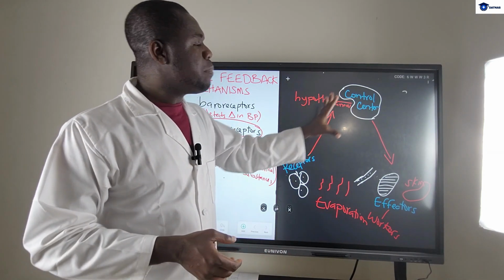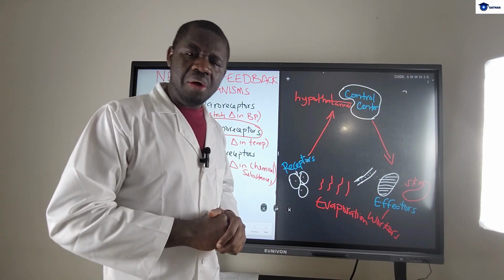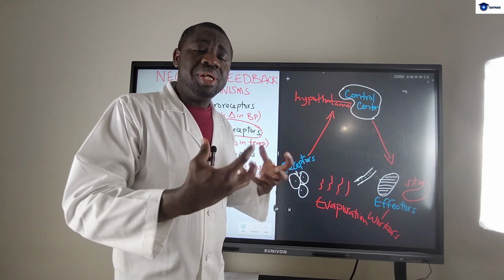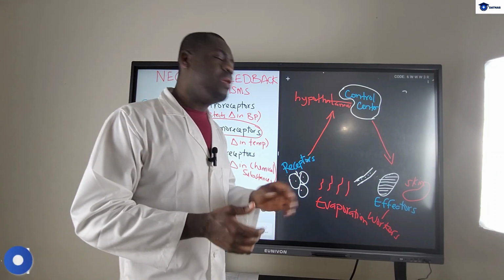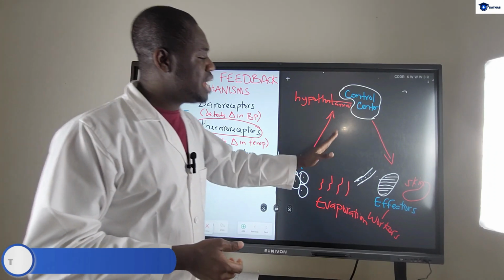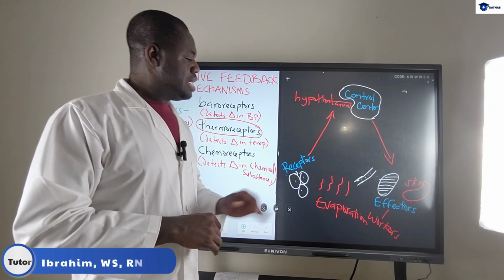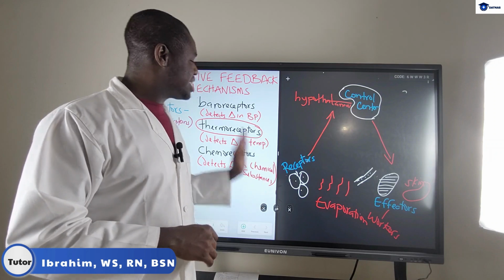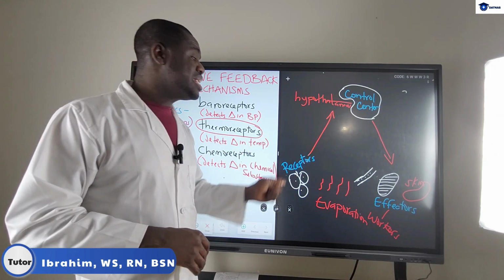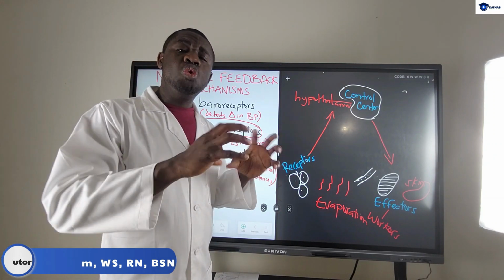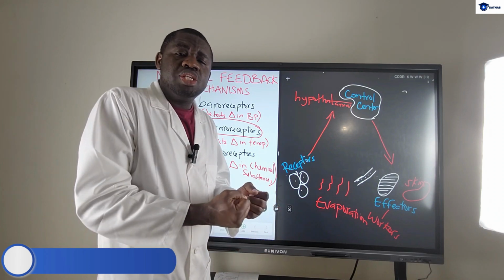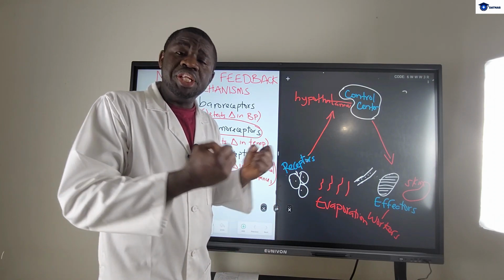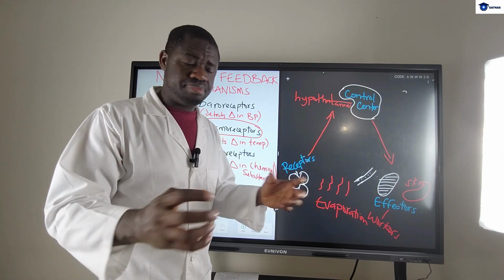This is for high body temperature. Now, there is low body temperature. How does the body respond to that? The thermoreceptors again will detect that there is low temperature. The body is too cold, maybe due to cold weather.